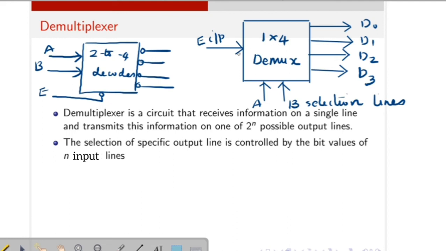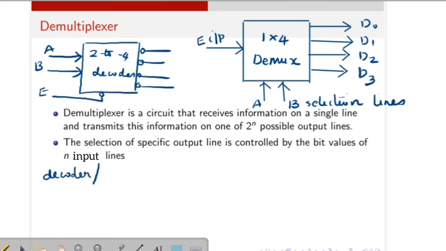The 1/4 demux receives one input, and the selection lines select one of the outputs from the 4 outputs and transfer this input to the output. Actually, the selection line selects one of the outputs, and this input is transferred to that output. Because the decoder and demultiplexer operations are obtained from the same circuit, a decoder with enable input is also called decoder demultiplexer.